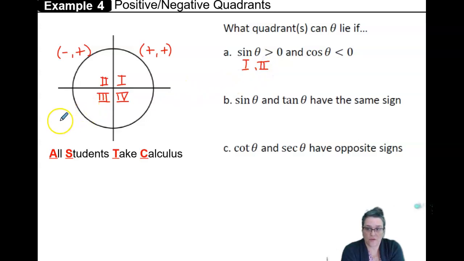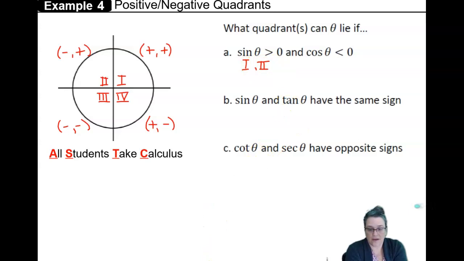In quadrant 3, both x and y are negative, so quadrant 3 has a negative sine. And in quadrant 4, the x is positive, the y is negative, and that negative y would mean sine is negative in quadrant 4. So sine is only positive in quadrants 1 and 2.